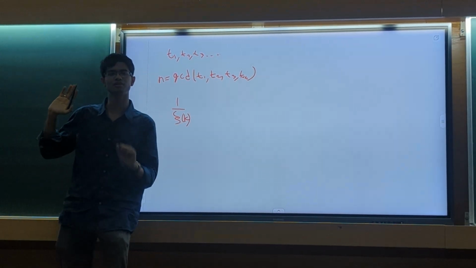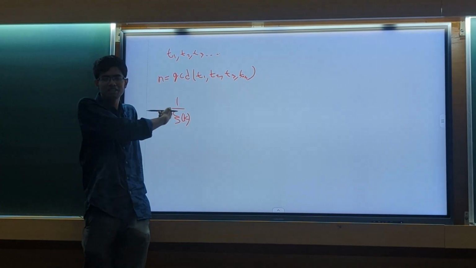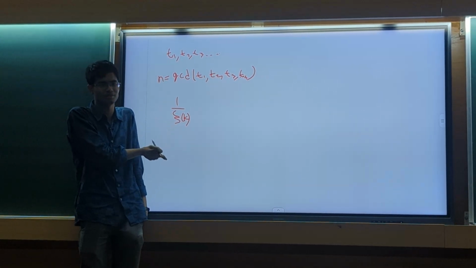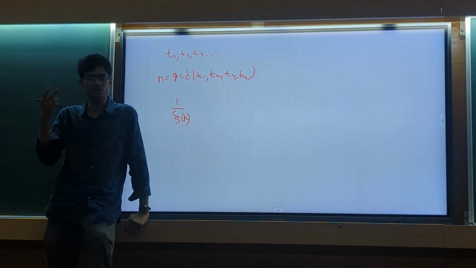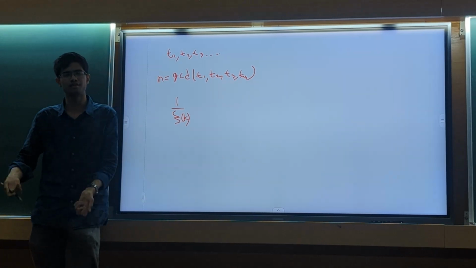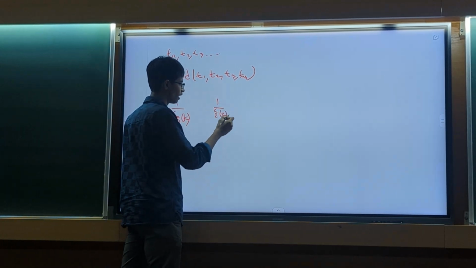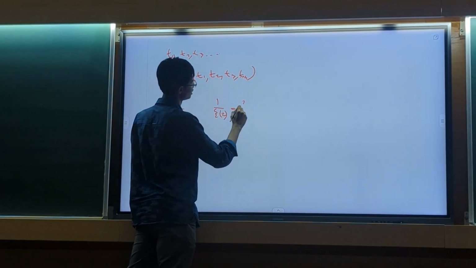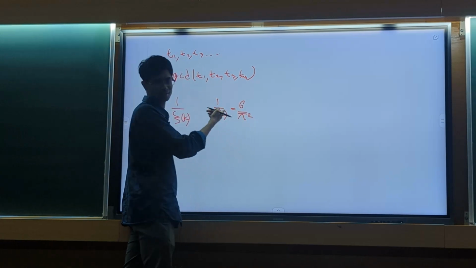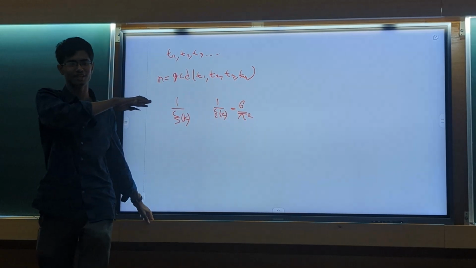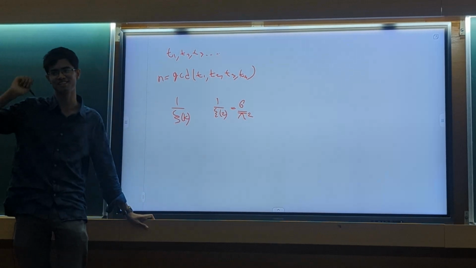You would have heard of the Riemann hypothesis, which is about the zeta function, and the zeta function makes an appearance here. In particular, if you take two random numbers and you want the GCD to be 1, the probability of that is 1 by zeta of 2, which is actually 6 by pi squared. It's something less than 1. You can calculate it and check.